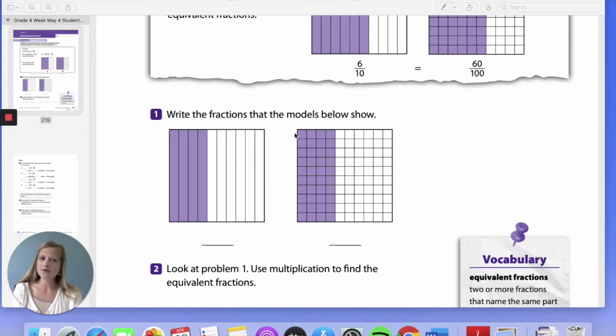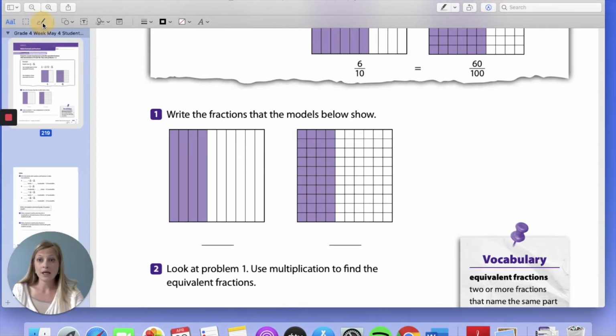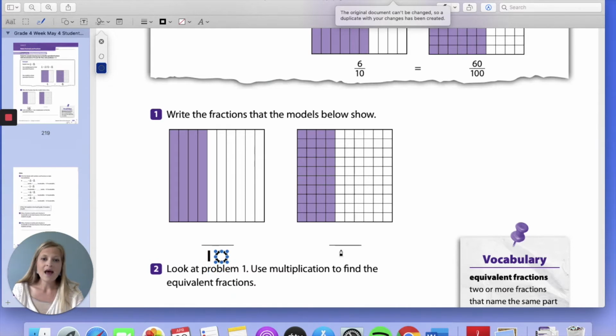And then I'm going to ask you here, what fraction does this model represent? Hopefully you said hundredths. So I know that when I'm going to write out these fractions, once I discover what they are, this one is going to have a denominator of 10, and this one is going to have a denominator of 100.